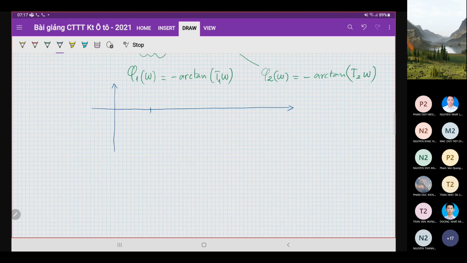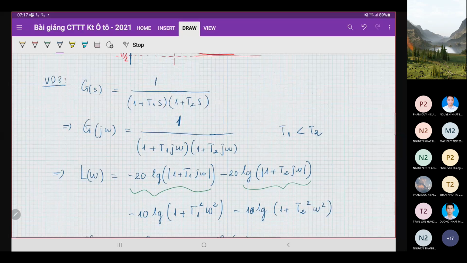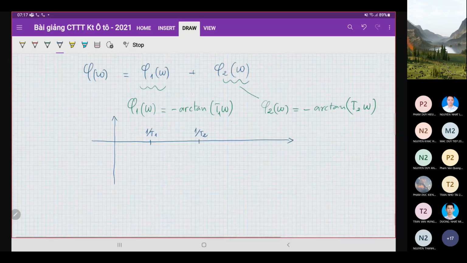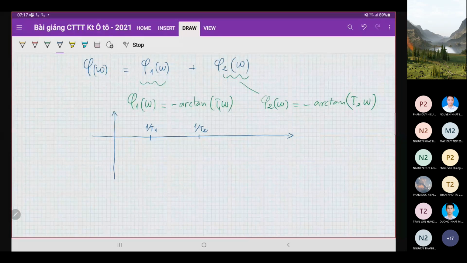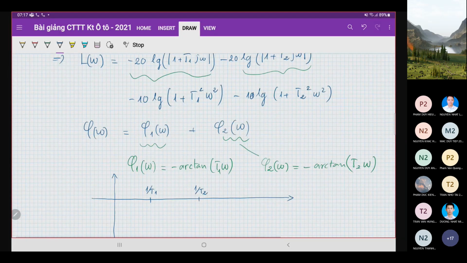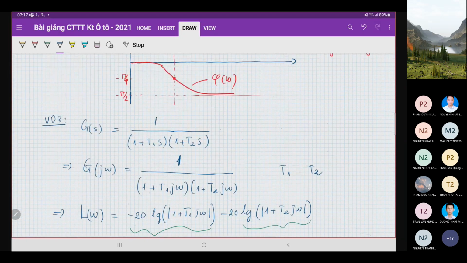Here is 1 over T1, and here will be 1 over T2. Sorry, when T1 is smaller than T2, then here should be T. Okay, I will try here T1 greater than T2, right?